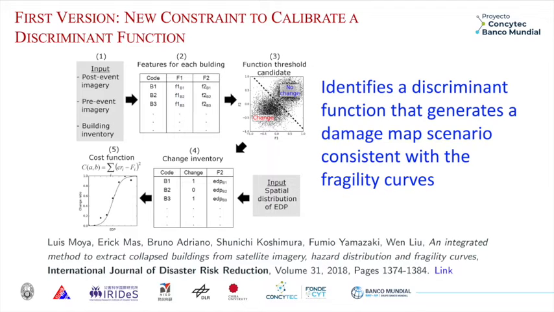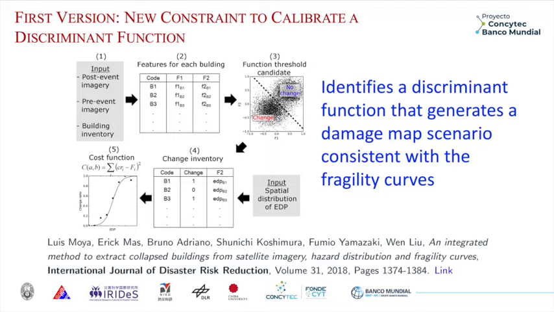You can see at the bottom of this slide if you want to know more details of this idea. This was our first idea of replacing training data with fragility curves, and we achieved a high accuracy at the same level as traditional machine learning algorithms. But it has some limitations.